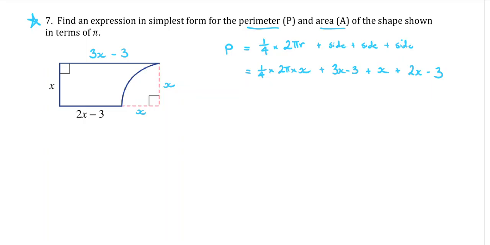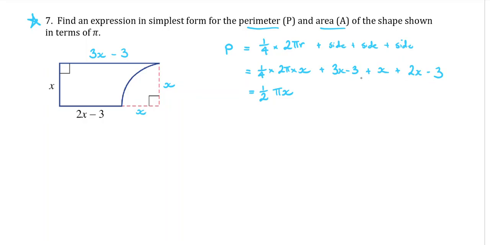Okay, trying to tidy this up a little bit. This first term is probably the yuckiest one. A quarter of 2 is a half, and we times the pi and the x next to each other. Don't try and type in your calculator because then you're going to decimal places, which is not what we want. We want the pi to stay in our answer. So that's the first term.